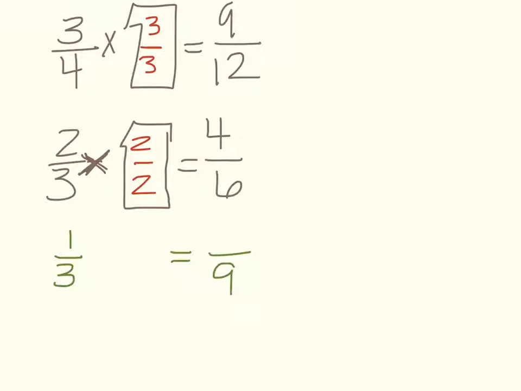Well, in this case, you're having to figure out both your fraction equivalent of 1 and what's going to be right up here. Well, remember, what you do to the bottom, do to the top. So I know 3 times what is going to give me 9. 3 times 3 is going to give you 9. So then I know automatically what goes up here, which means 1 times 3 is 3.